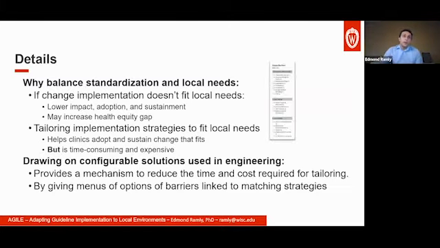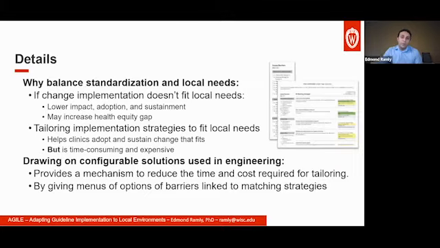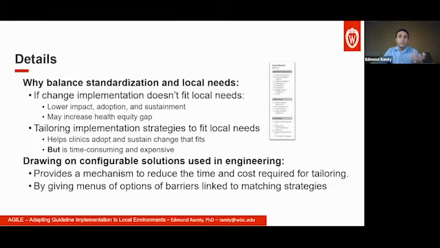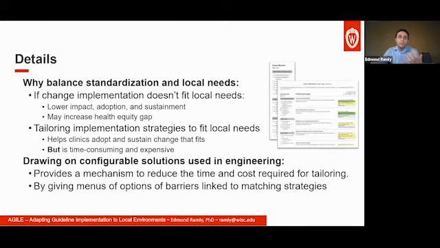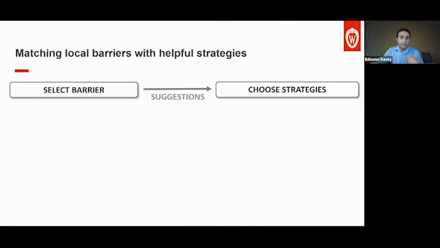And so we've developed that tool, the Agile tool, to essentially start with a list of known barriers and provide a ranked list of strategies based on the barriers that a user has selected. So essentially it's a very simple process.